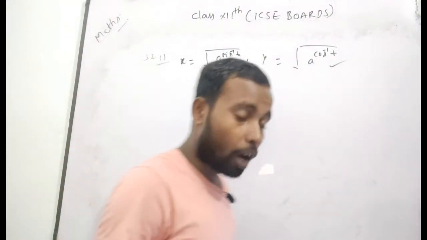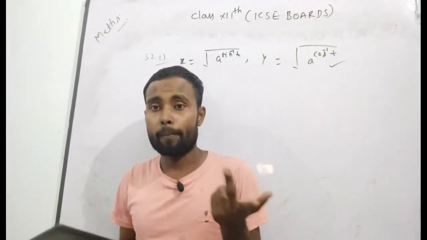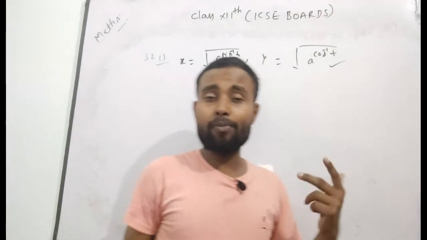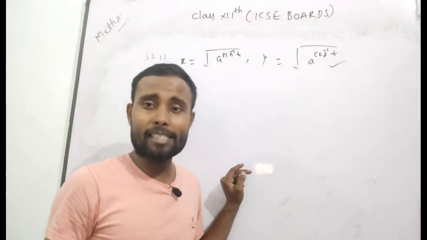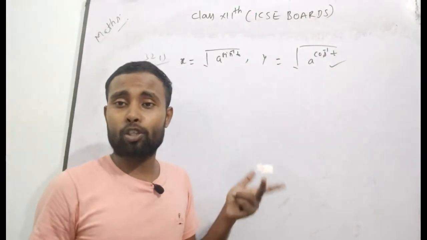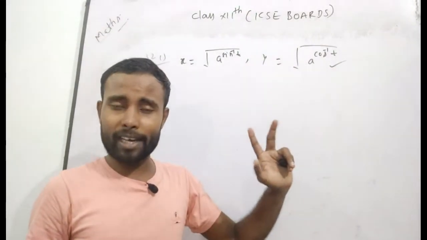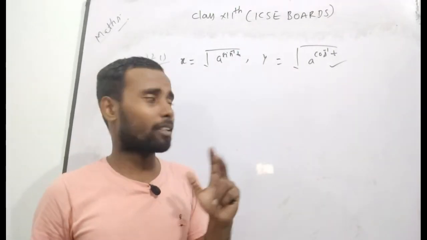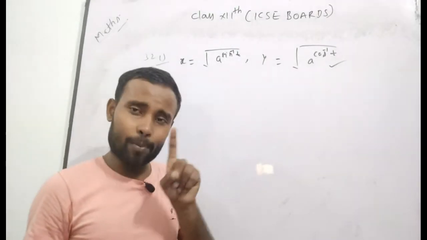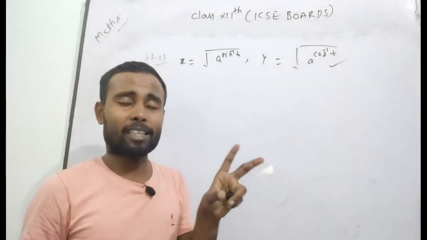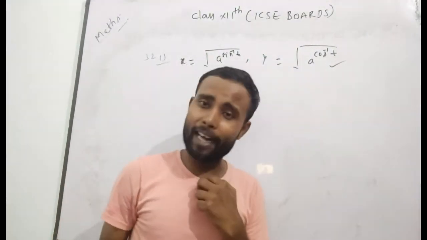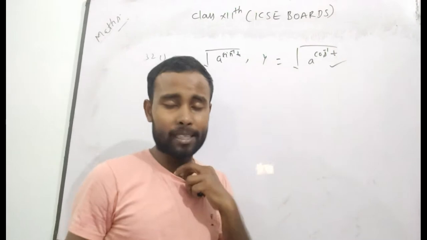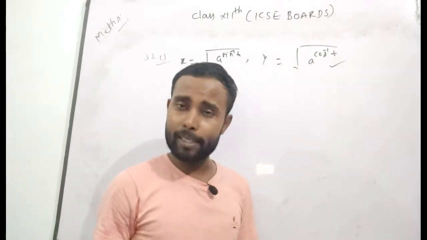You will ask, sir, how do you confirm this logic? I will always tell you, don't bother about it. You only need to practice, do practice more and more, and definitely everything will become clear for you.